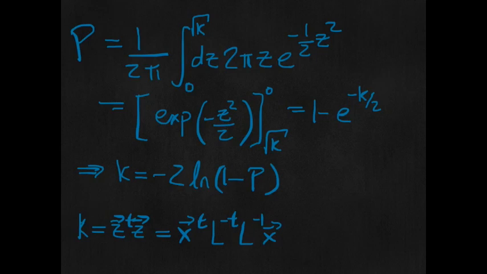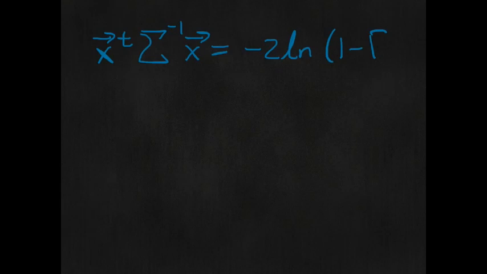And this, we just said, we need to have equal to minus 2 ln of 1 minus p. So writing this out once again, this is essentially our final result. x transpose sigma inverse, the error covariance inverse, x is equal to minus 2 ln of 1 minus p.